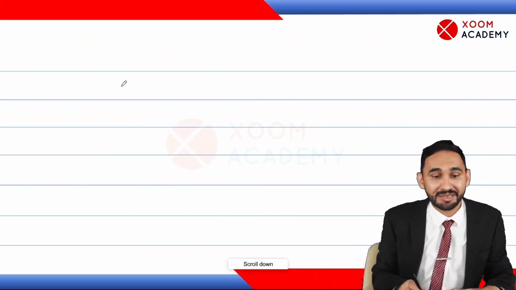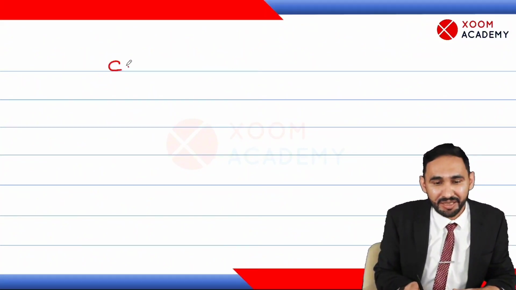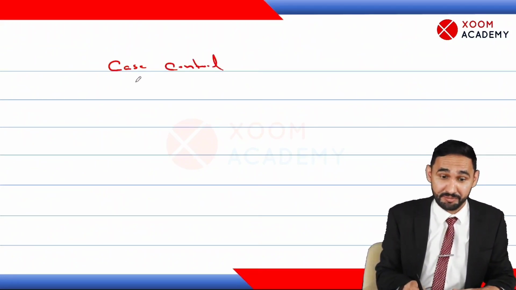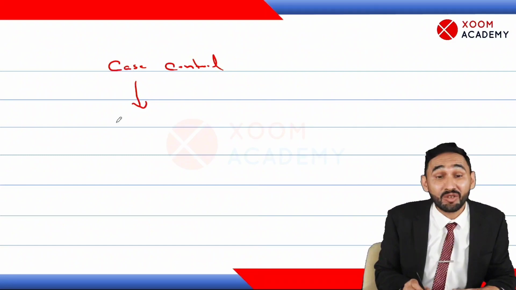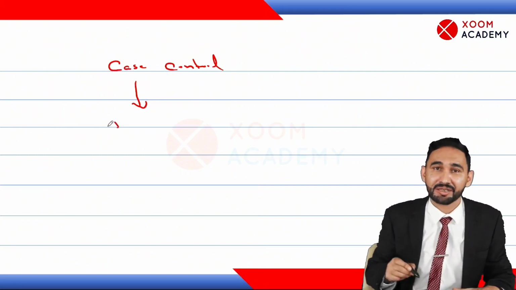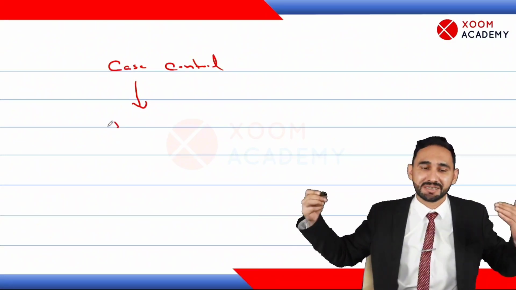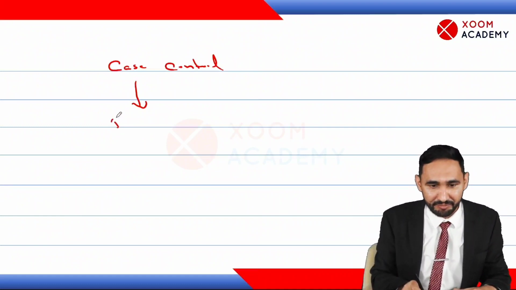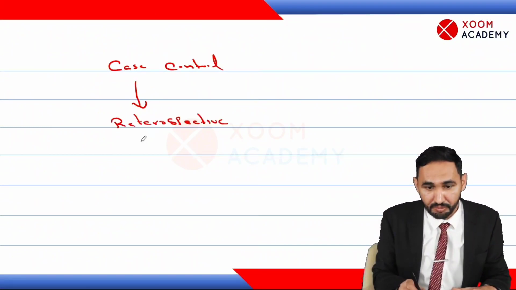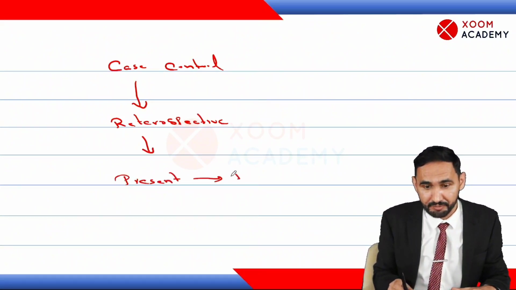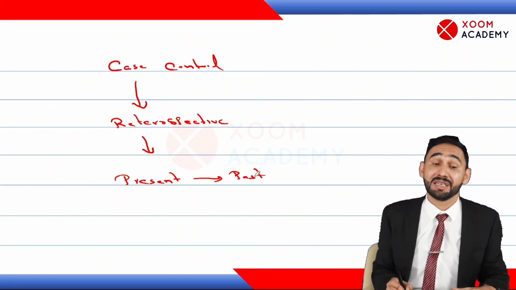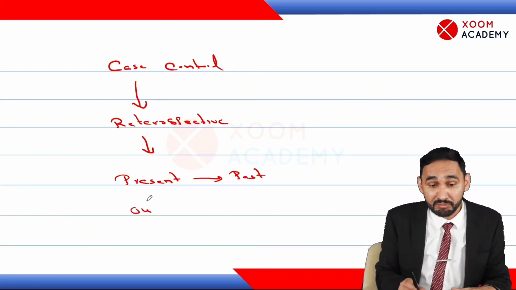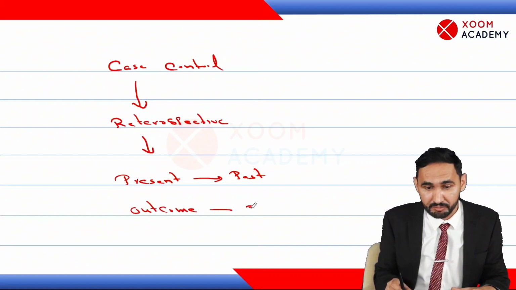And then we'll discuss what a case control study is. Case control study is a retrospective study. It is a type of analytical study which is retrospective. We move from present to past, or we can say that we move from outcome to exposure.